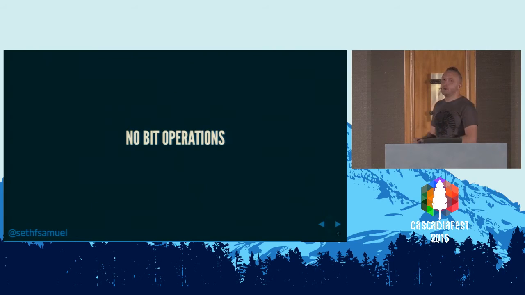Here's the big one. There are no bit operations in the current implementation of WebGL. Sad face. So WebGL has been around for a few years. It uses a very out-of-date version of the shader language, which has no bit operations, no XORs, no bit shifts, none of that fun stuff.